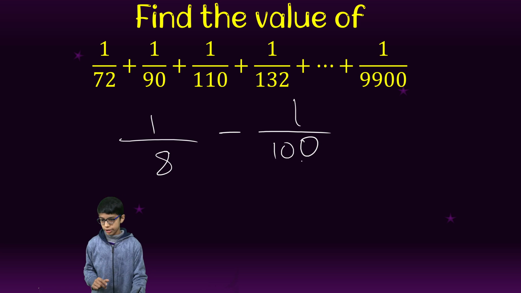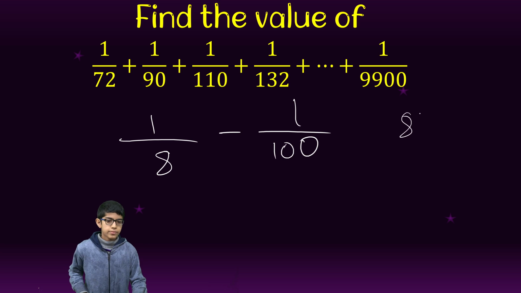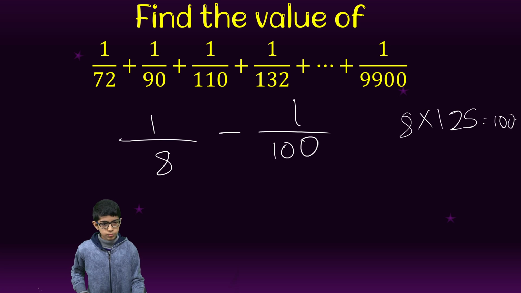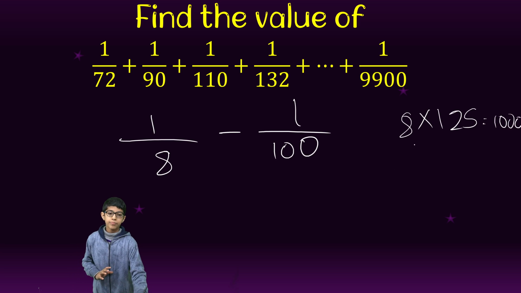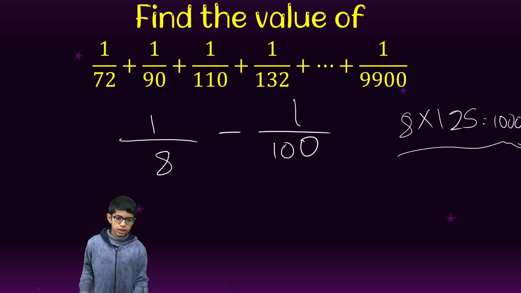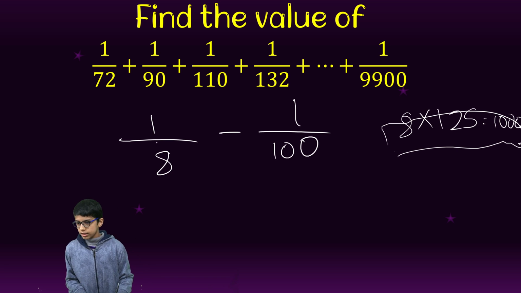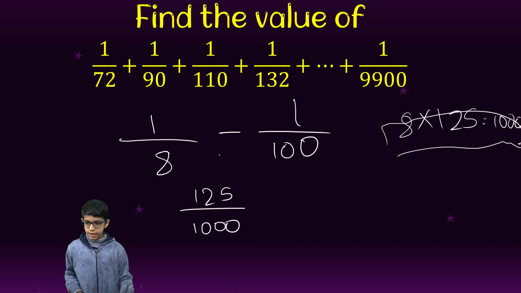Now, very important. Here you should know a trick that 8 into 125 is equal to 1000. In our previous classes on Vedic maths, we have covered such tricks in a short and simple manner. You can refer to those. So here we will write it as 125 by 1000 for 1 by 8.